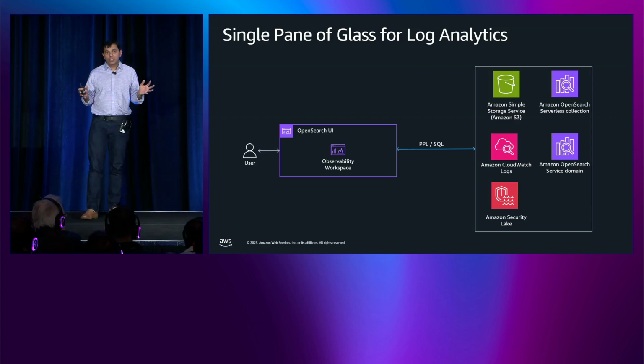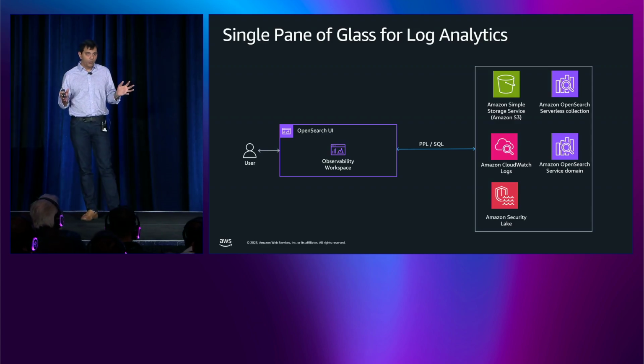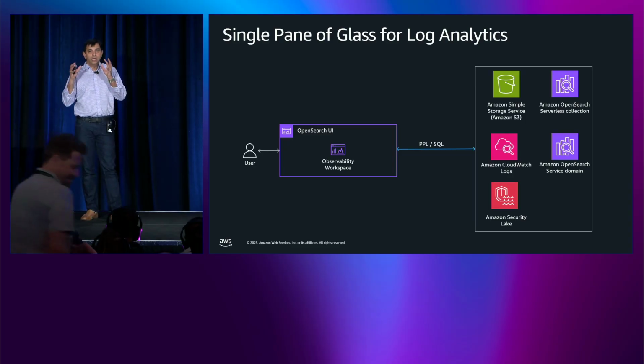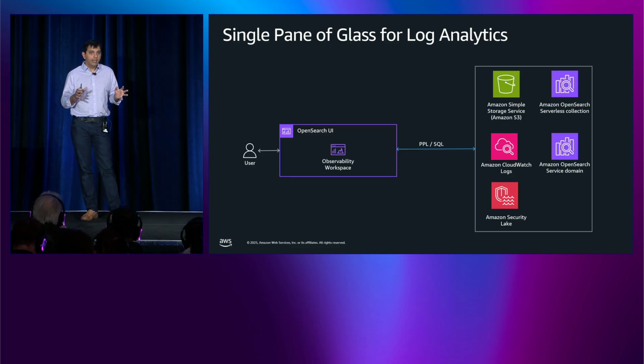What we launched last year is OpenSearch UI, which takes the OpenSearch Dashboards open source project and is a fully managed SaaS experience that now connects to not only OpenSearch, so you can connect to multiple OpenSearch clusters, but you can also connect to data in CloudWatch, in S3, and in Security Lake, and have the singular view from this one endpoint where you can visualize the data in a single dashboard.